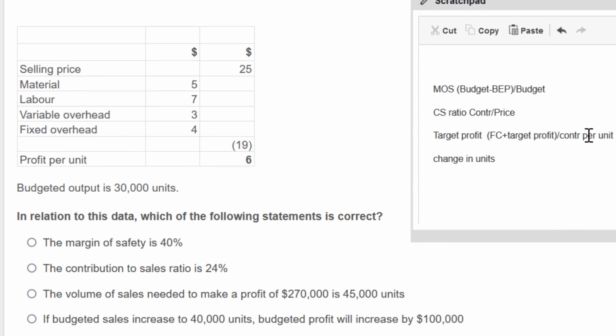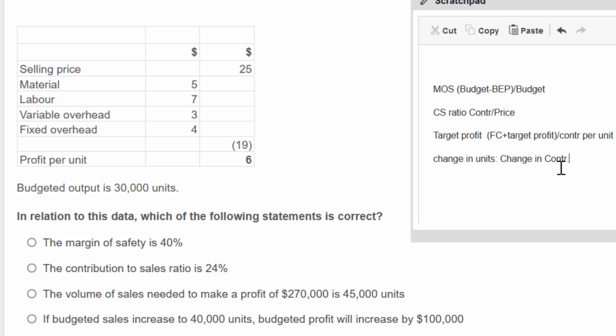And then that change in units, let's see, if budgeted sales increase to 40,000 units, the budgeted profit will increase. Well, that's simply going to be the change in contribution linked to the change in units.